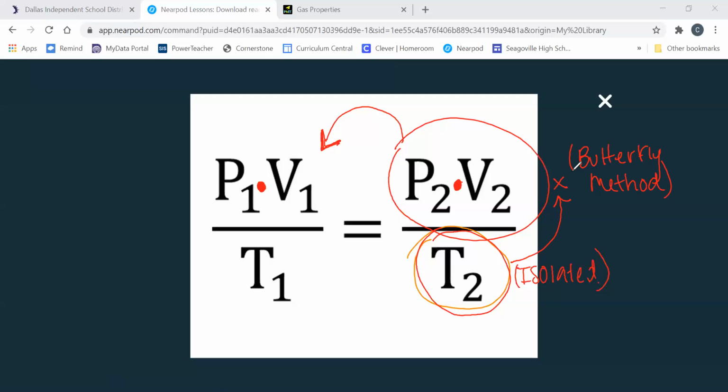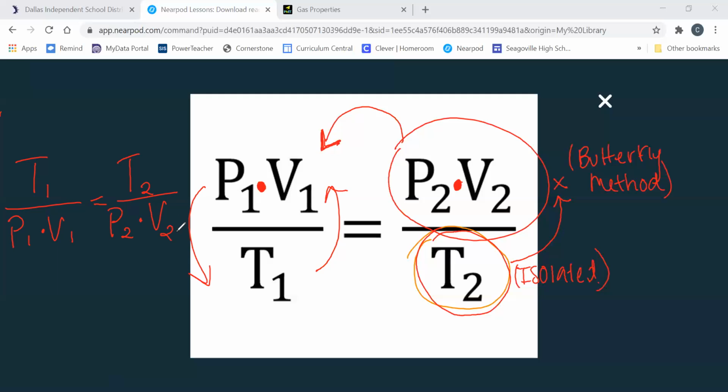By flip them, I mean everything that was on top is going to go to the bottom, and everything on the bottom is going to go to the top. So T1 is going to go on top, and P1 and V1 are going to go on the bottom, and I'm going to do the same thing with the other one. It's going to look like this. So I switched everything, and now I can do the butterfly method.